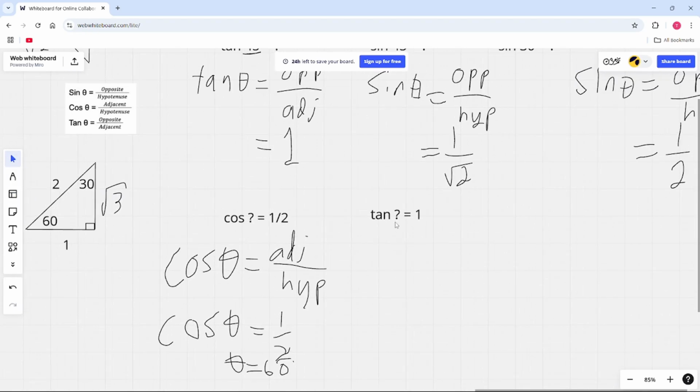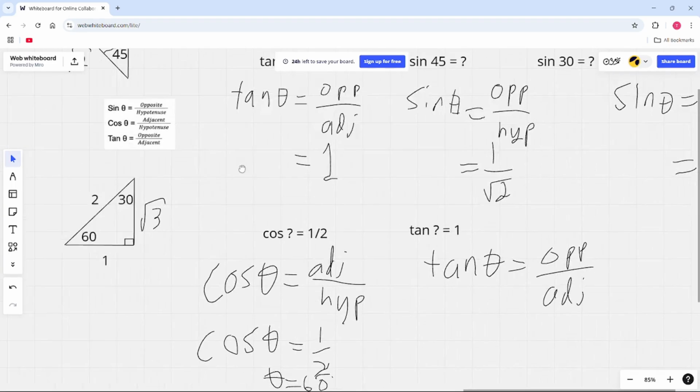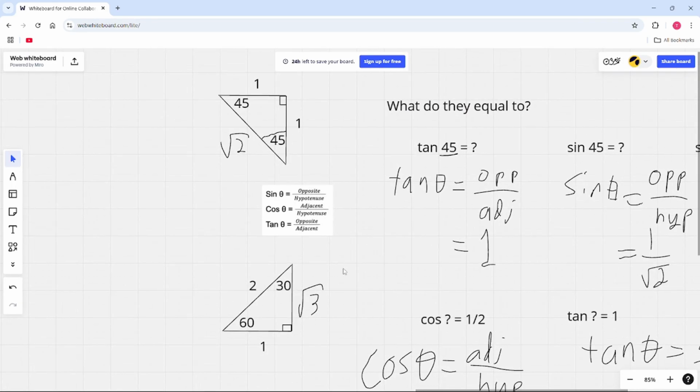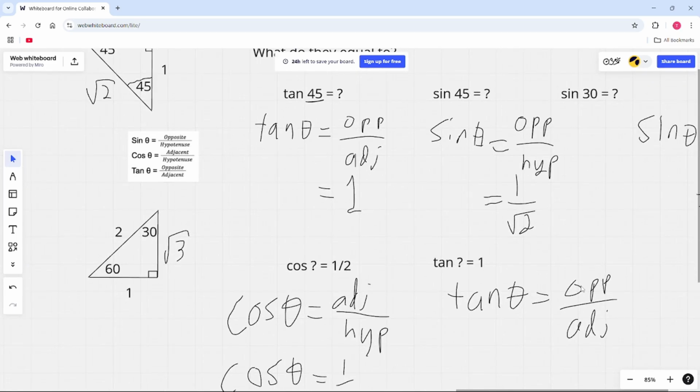Now let's take a look at tan theta is equal to 1. We know the trig ratio for tan is tan theta is equal to the opposite over the adjacent. And in this case, we're looking for the number 1. Now we obviously have 1 in both of these special triangles. However, the opposite over the adjacent has to divide out to equal 1.